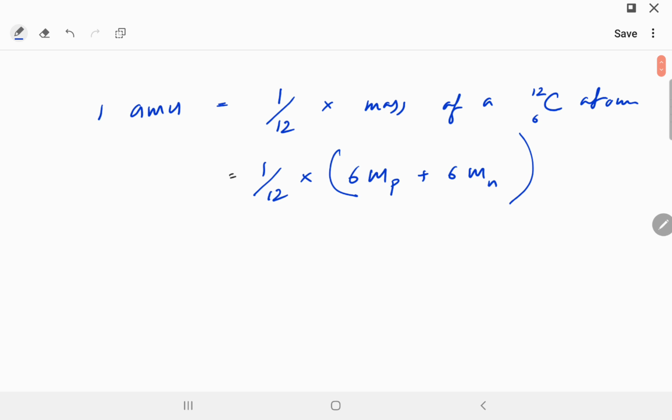And you know that the mass of a proton is approximately equal to the mass of a neutron. So we don't have to maintain MP and MN, which stand for mass of a proton and mass of a neutron. We can just simply use one type. So rather than using MP and MN, we can convert these 6 N's to 6 P's, because their masses are equal. So 6 masses of protons plus 6 masses of protons is 12.